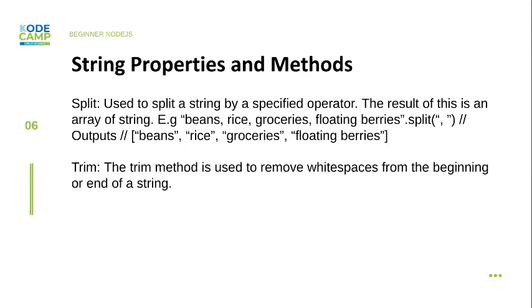I want to have this as an array. I can't work with the individual food items, so I need to separate them into arrays before I can start working on them. So the simple way to separate them.